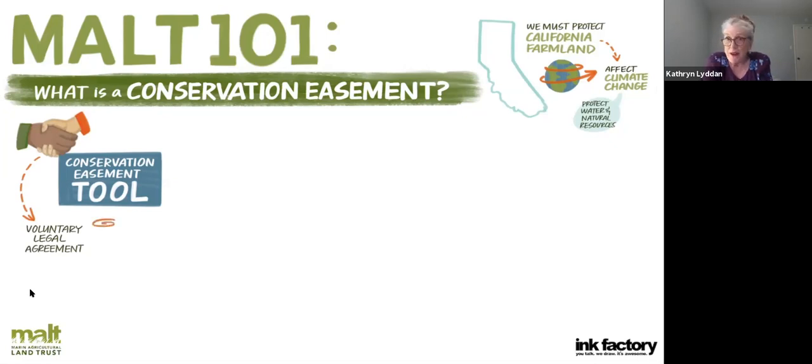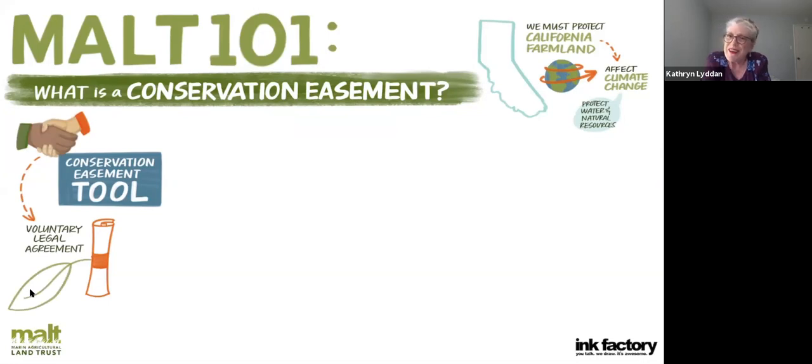So 40 years later, land trusts all around the nation protect lots of different kinds of agricultural land, from the rangelands of West Marin and the prairies of the Midwest, to intensely cultivated food-producing areas like the Central Valley and the Salinas Valley. Agricultural conservation easements have become a commonly used tool.